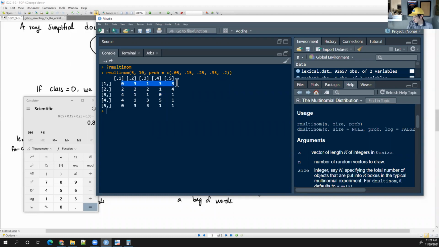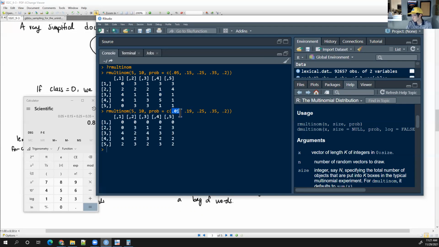This is interesting, I'm just surprised that I'm getting so many of 0.05. So if I lower this to only 1%, this looks a little bit more realistic.